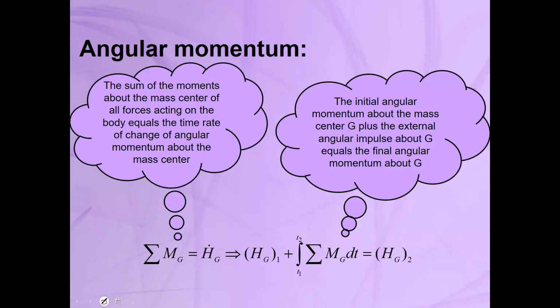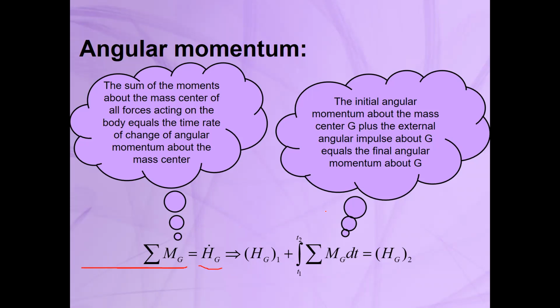Okay, so this is the angular momentum equation. The summation of the moments about the mass center of all external forces is equal to the rate of change of angular momentum about its mass center.